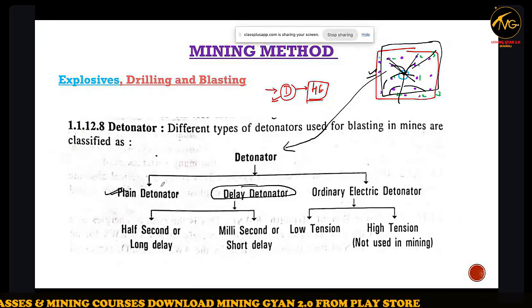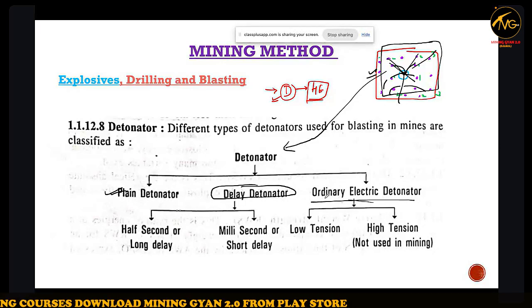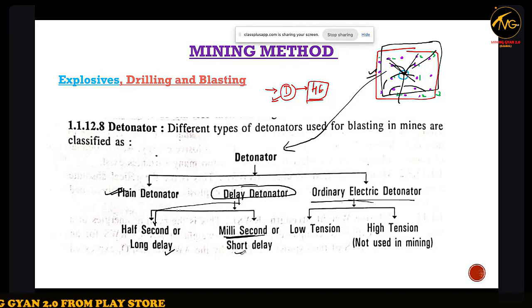Other is plain detonator, and third is ordinary electrical detonator. डिले डिटोनेटर हाफ सेकेंड जिसको लॉन्ग डिले बोलते हैं, और मिली सेकेंड which we call short delay. Okay, so detonator is basically three types: plain detonator, delay detonator, ordinary electrical detonator. Delay detonator is also two types: long delay, short delay.